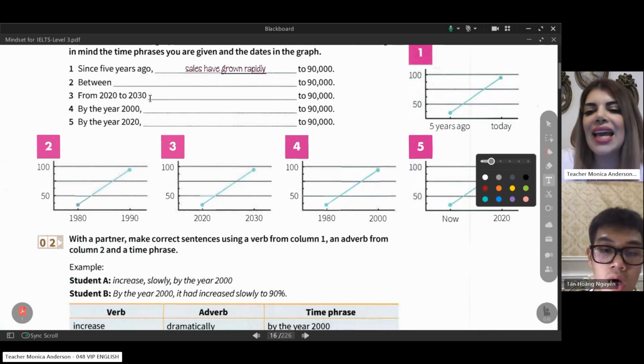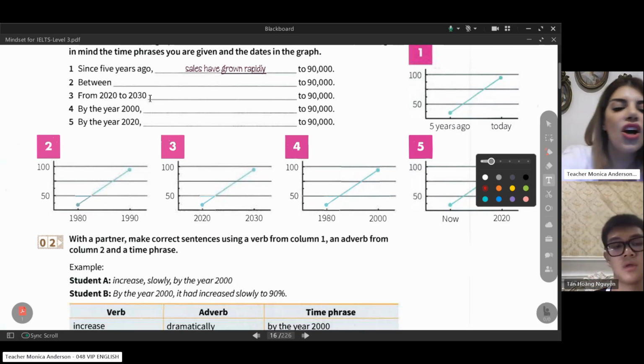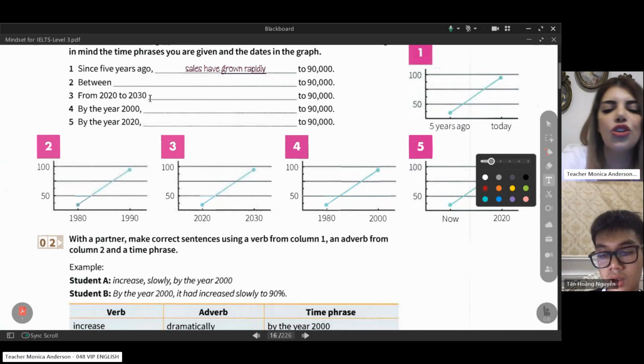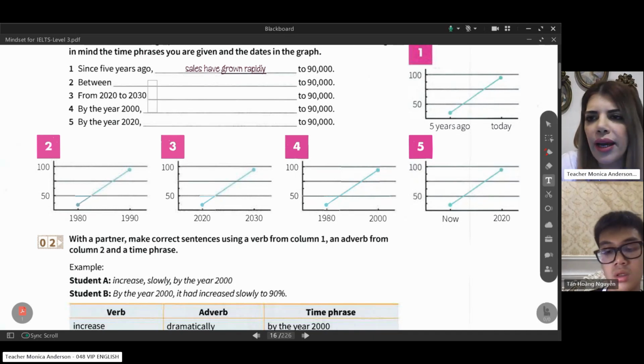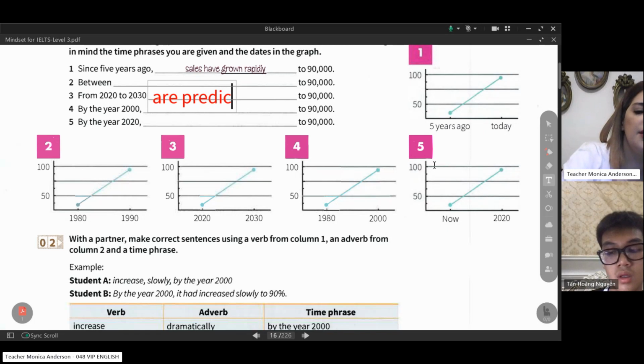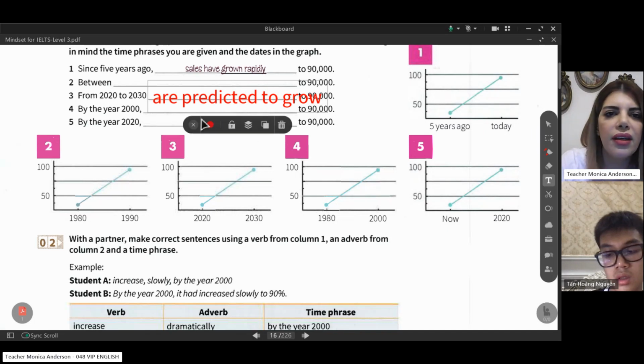So we can say, from 2020 to 2030, sales are predicted to grow.